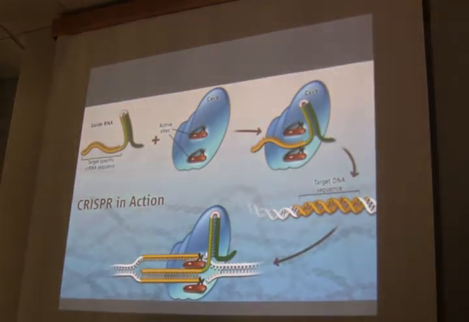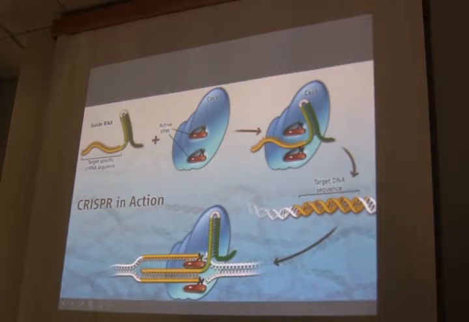So here's the schematic of it. You have your guide RNA, okay? And this guide RNA matches your gene of interest, where you want to cut that gene, all right? And then you have your Cas9 protein, okay?